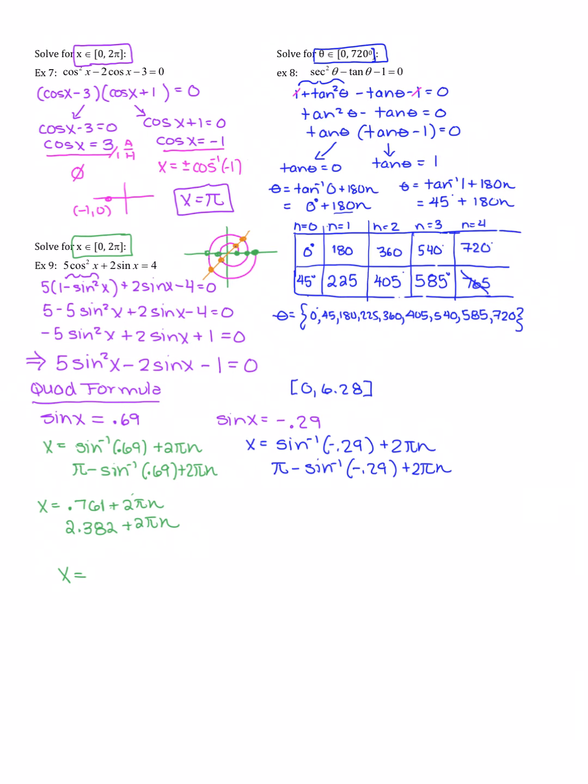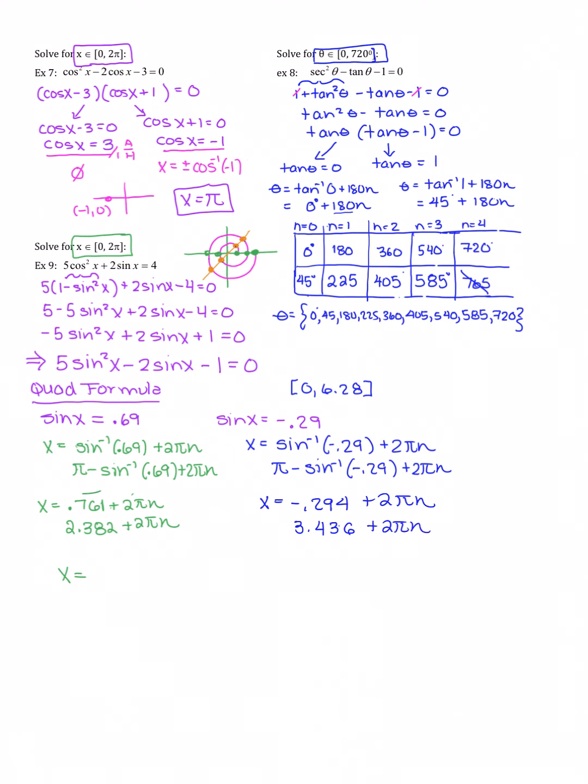That gives me x equals negative 0.294. It's kind of interesting how it came out almost the same. And then pi minus that is going to be 3.436 plus 2 pi n.